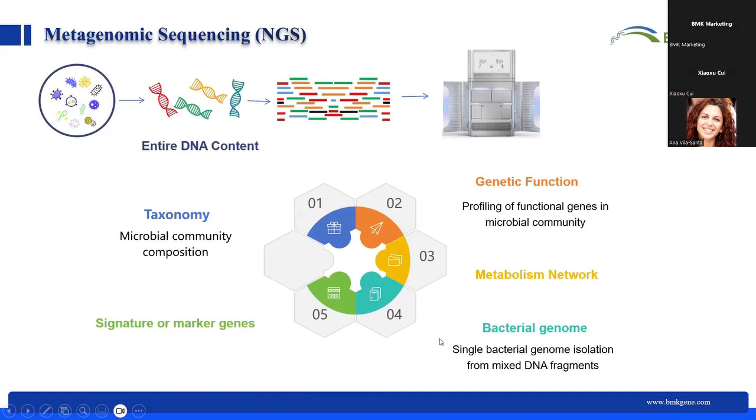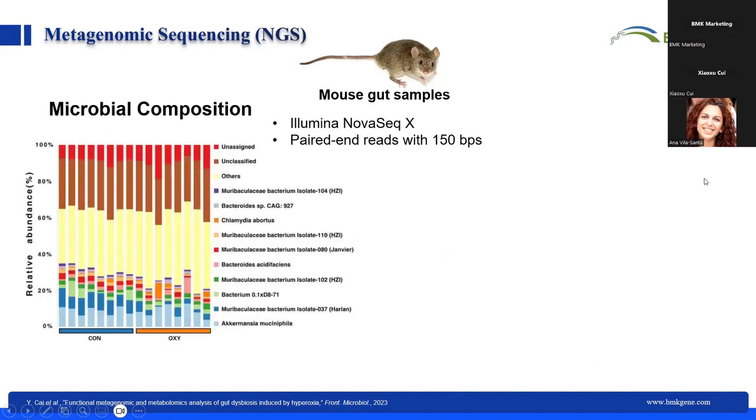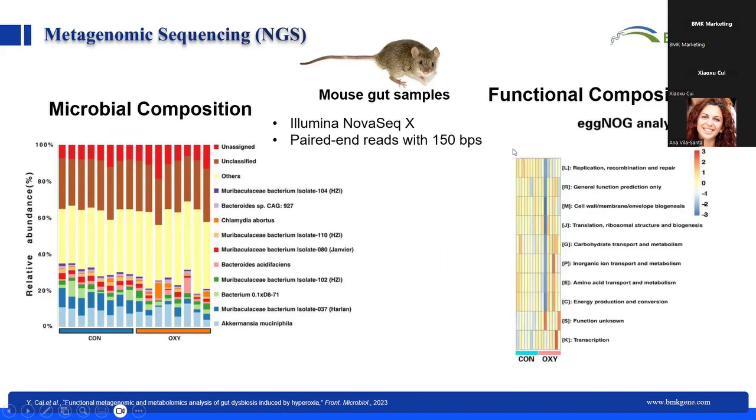So again, we have here another case study, again focused on mouse gut samples, and the idea was to extract the DNA, fragment it, and then sequence it on Illumina NovaSeq with paired-end reads. The bioinformatic analysis is focused on microbial composition, so this is similar to the 16S amplicon projects, but then again, now we have the function.